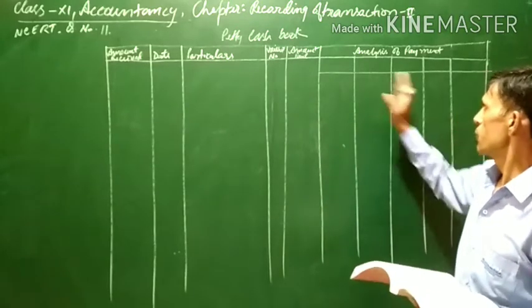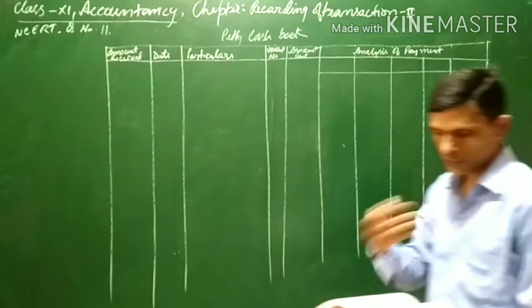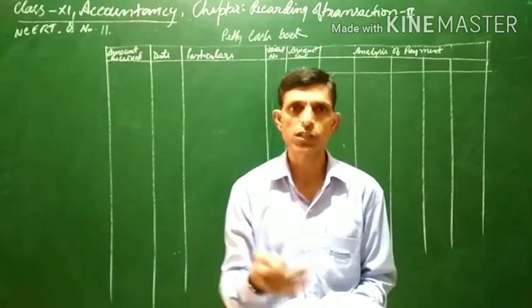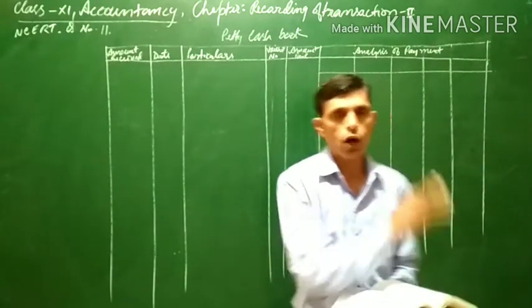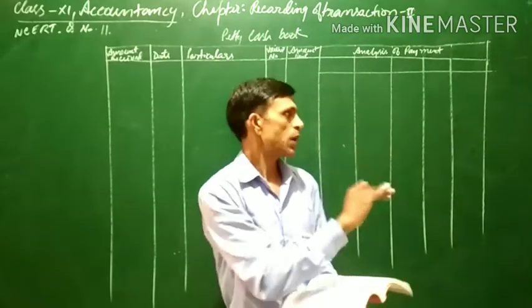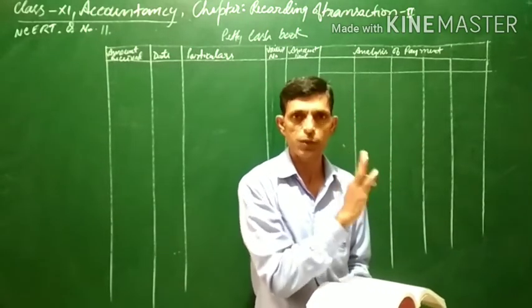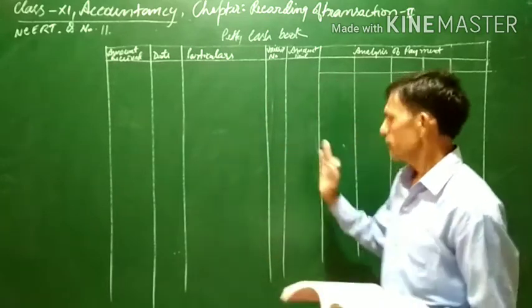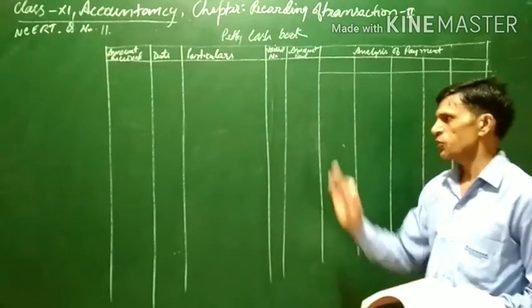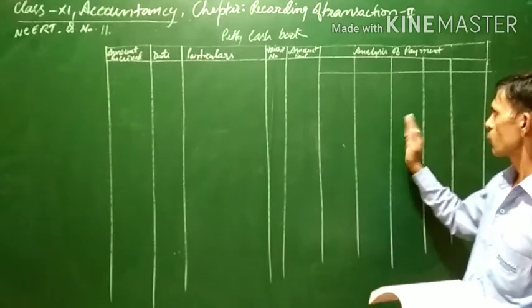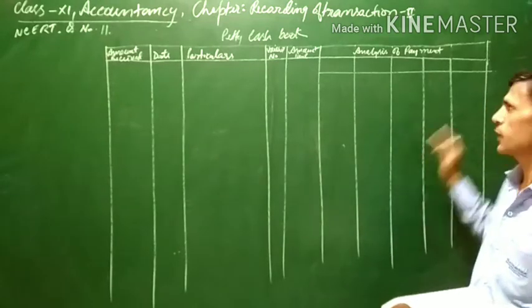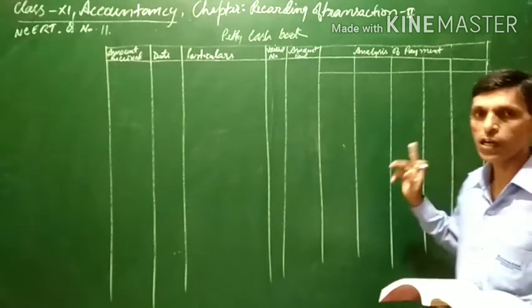Similarly, there will be different columns, and after going through the transactions, we can identify how many columns will be needed. But one column for miscellaneous should be there, so that if any expense does not find a place in the 4 or 5 columns, it will be written in the last column, the miscellaneous column.